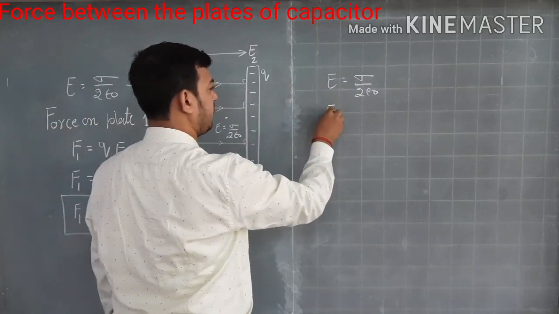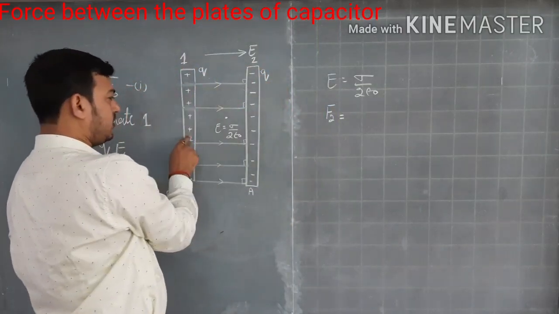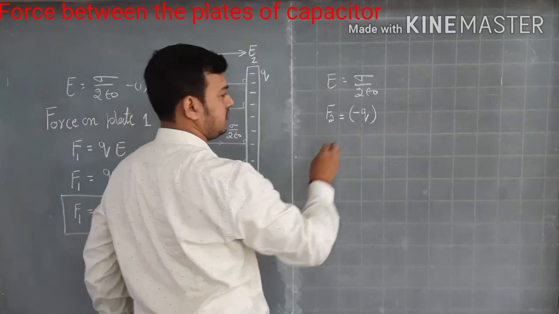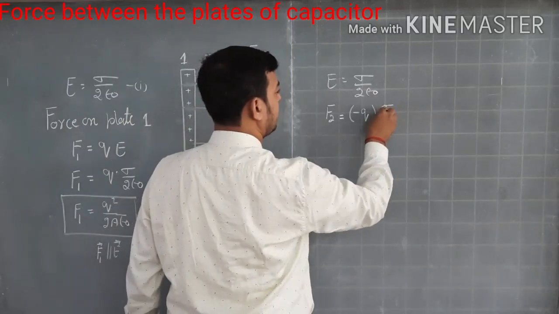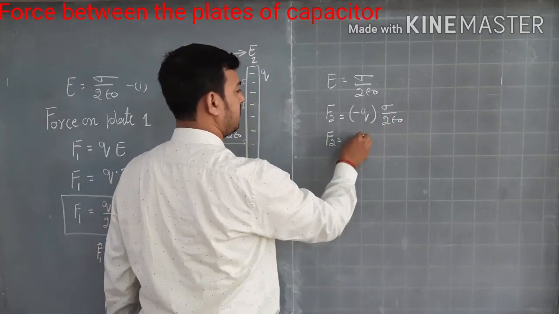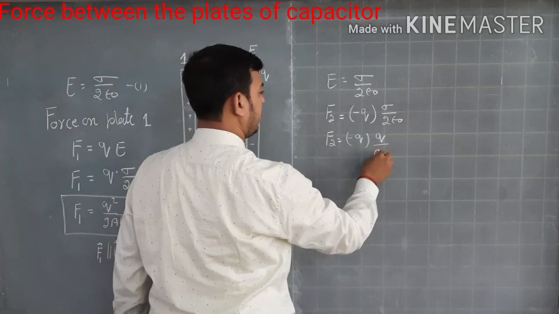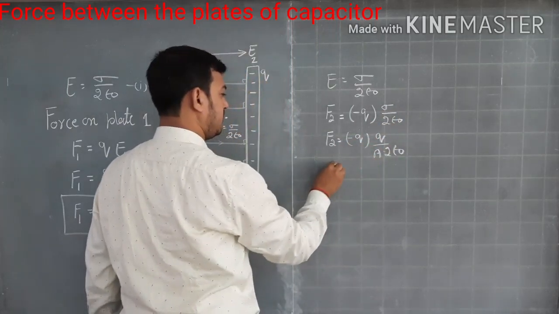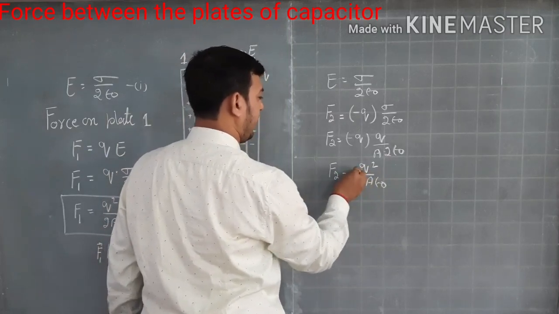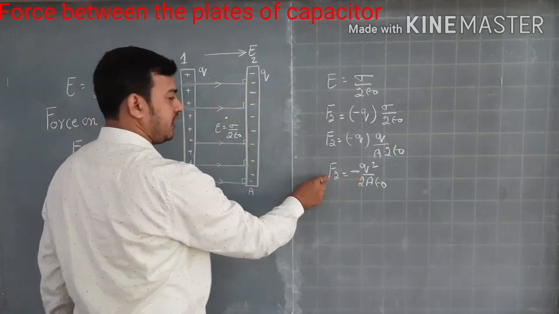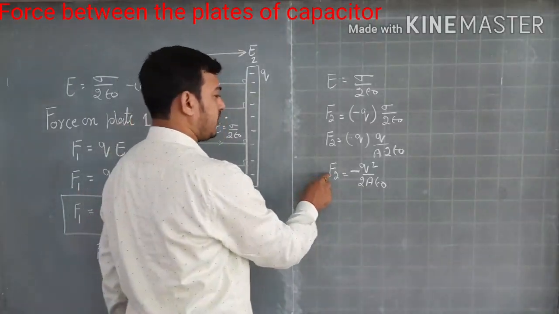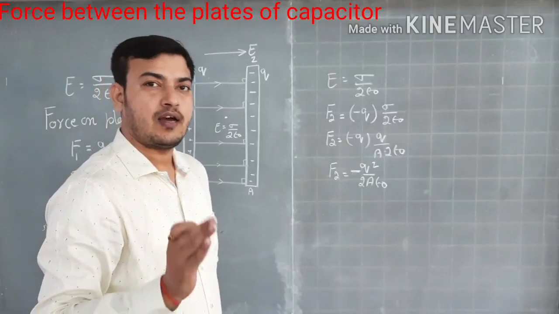So the force on the second plate due to the charge on the first plate will be charge times field, and now the charge is minus Q on the second plate and the field is sigma by 2 epsilon naught. On simplifying, with density being Q by A, this force comes out as Q square by twice A epsilon naught with a minus sign, and this minus sign indicates that the direction of force is not the same as the direction of the electric field. In fact, the direction of force and electric field are opposite to each other.